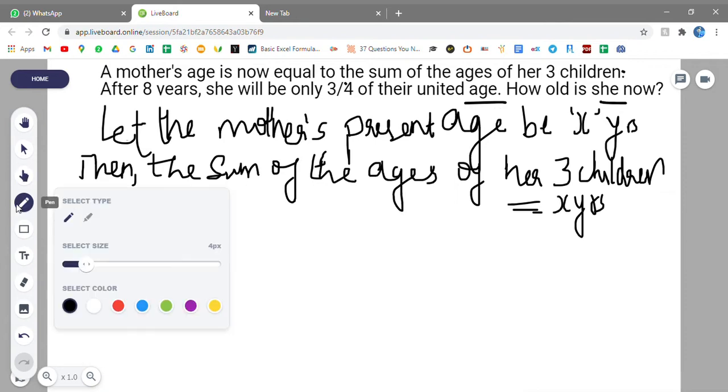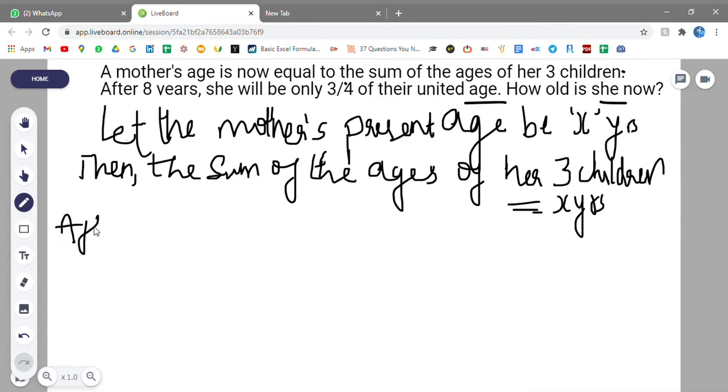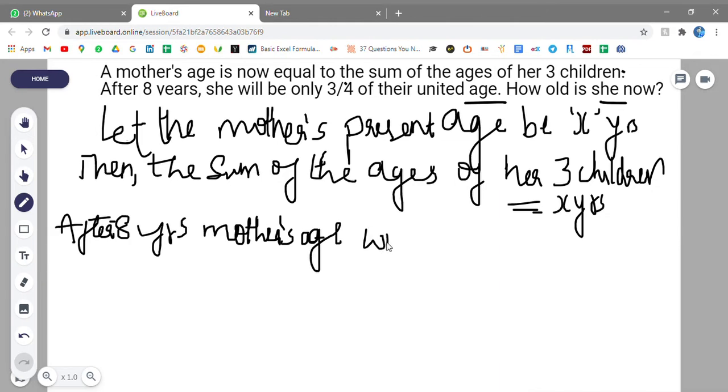So let us define the next variables, that is after 8 years, mother's age will be.